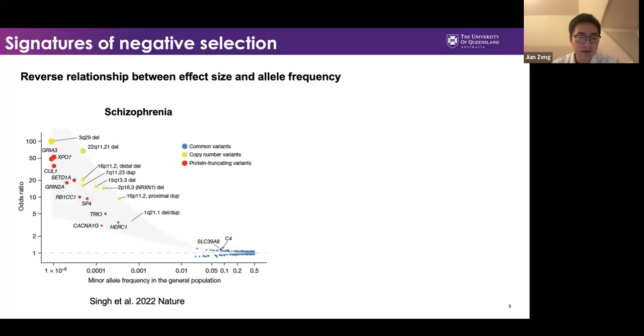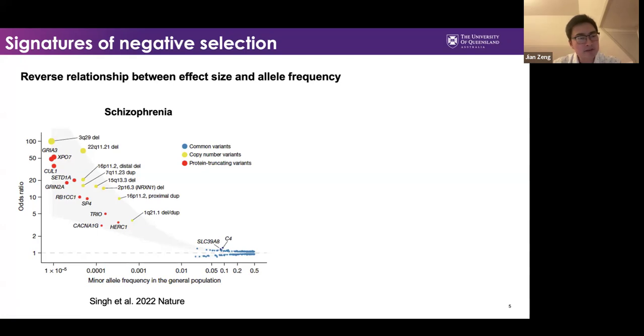And in the common allele frequency spectrum, which is the spectrum we identify from GWAS, the effect sizes tend to be small. Indeed, we observed that kind of pattern in common diseases like schizophrenia, with large effects observed in the very small minor allele frequency spectrum.